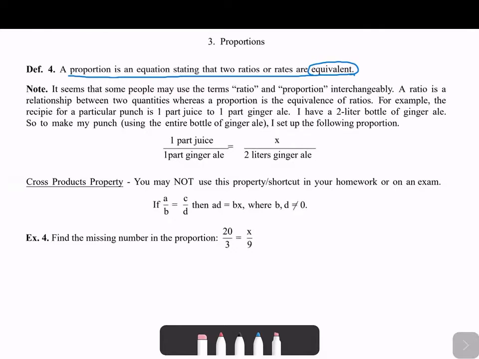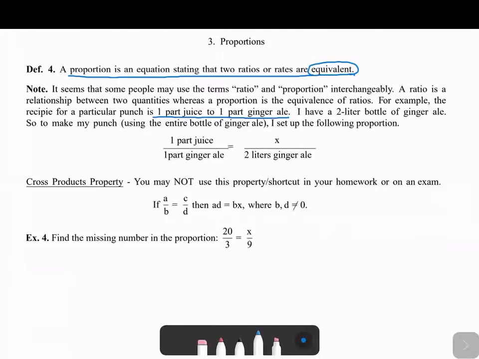So example, the same thing as before, where we had a recipe for a particular punch, where we had 1 part juice and 2 parts ginger ale. But we want to actually make this recipe now using this part-to-part relationship. So we have a 2-liter bottle of ginger ale and we want to use that whole bottle, and we want to know how much juice do we need to use if we use 2 liters of ginger ale.